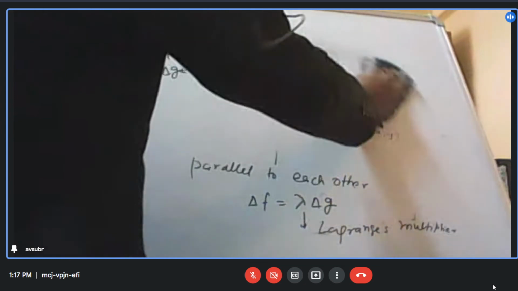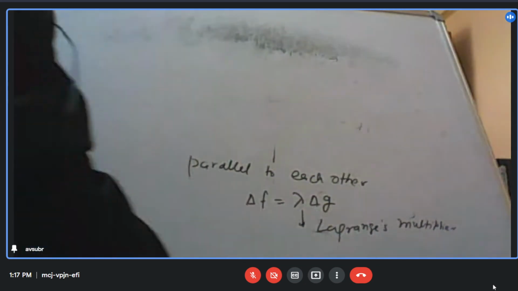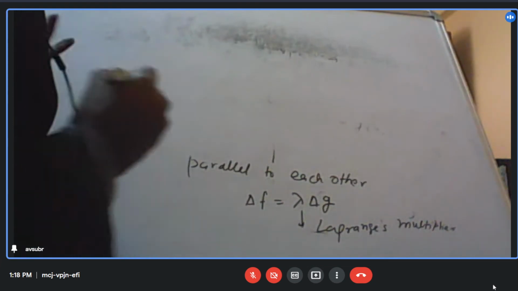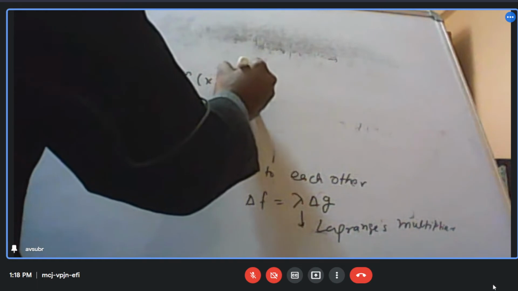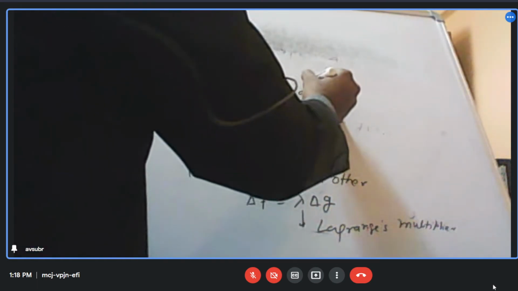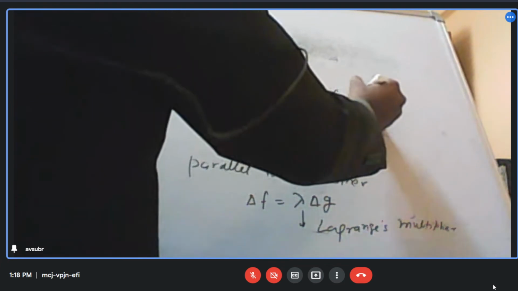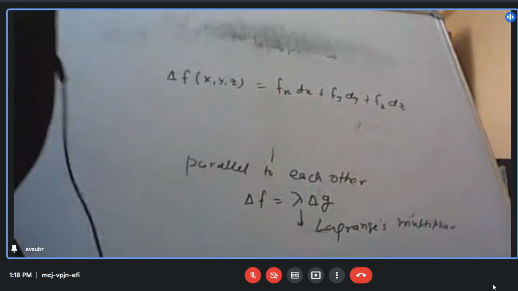So now I can take the gradient as I told you. So I can write down that this delta f, which is a function of x, y, z, I can write down fx dx, fy dy, fz dz. Can I write it down like this?